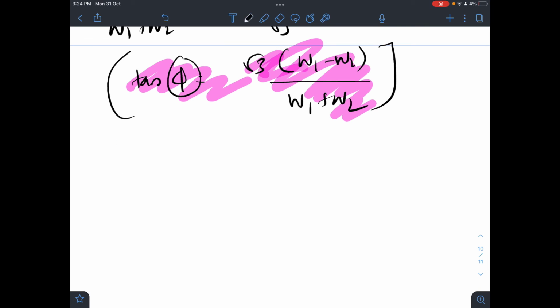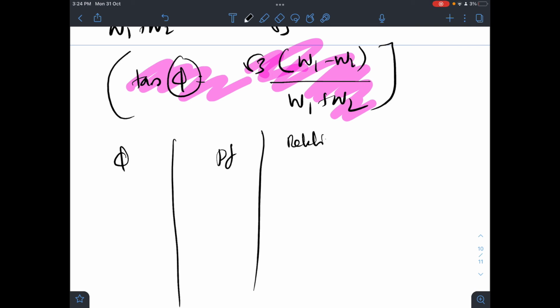Now for your understanding, let us say my power factor angle is phi. What is the relationship between W1 and W2? Let us find out. Whenever phi is 0 degree, it means that voltages and currents are in phase, or the power factor is going to be 1.